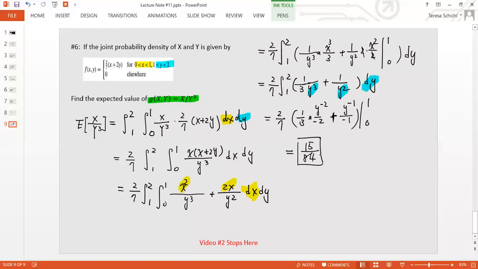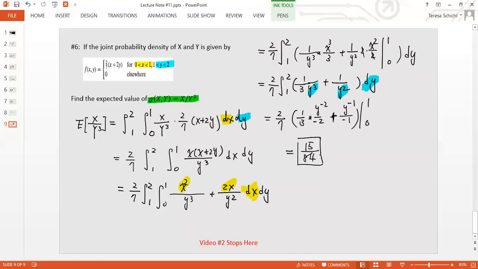The second video is a pretty simple video. Basically, they want to introduce what happens if you have more than one random variable and you want to find the expected value. The concept is exactly the same. For the discrete case, you just add over the x and the y together.